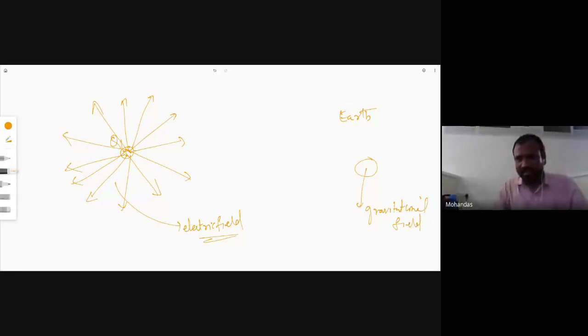Imagine it is the earth, and some object is suspended above the earth. If you leave this object, in which direction will it try to move? In the direction of the earth or opposite to the earth? Please respond.